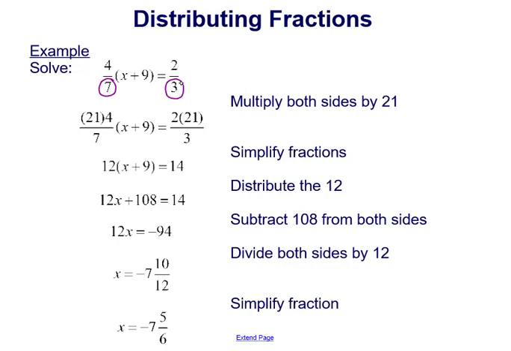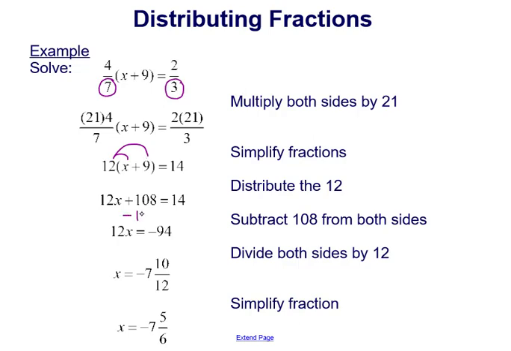So if we multiply both sides by 21, that will give us a 12 now times x plus 9, and then equals 14. We can then distribute the 12, so 12 times x is 12x, and 12 times 9 is 108. So then we have 12x plus 108 equals 14.